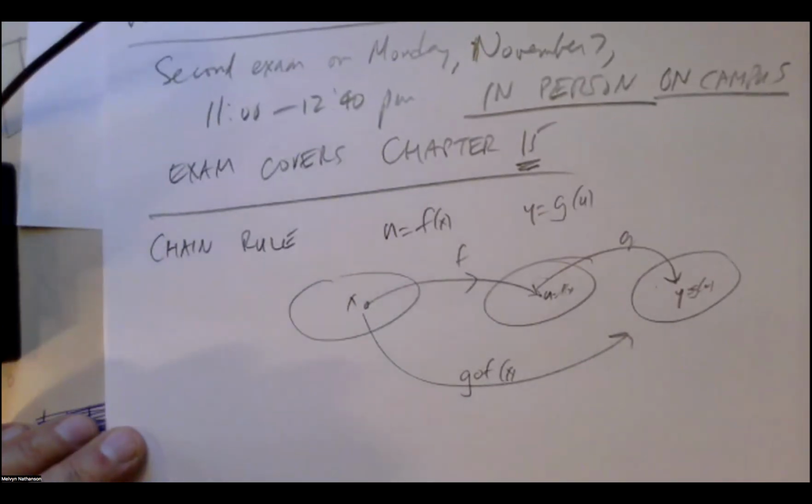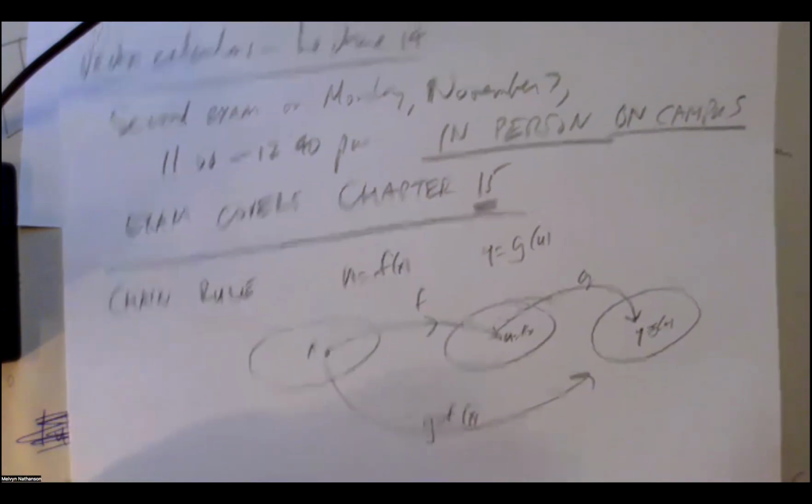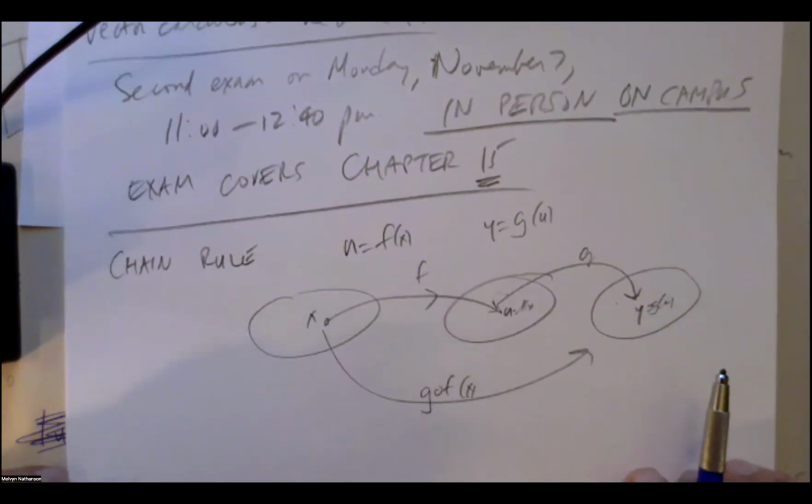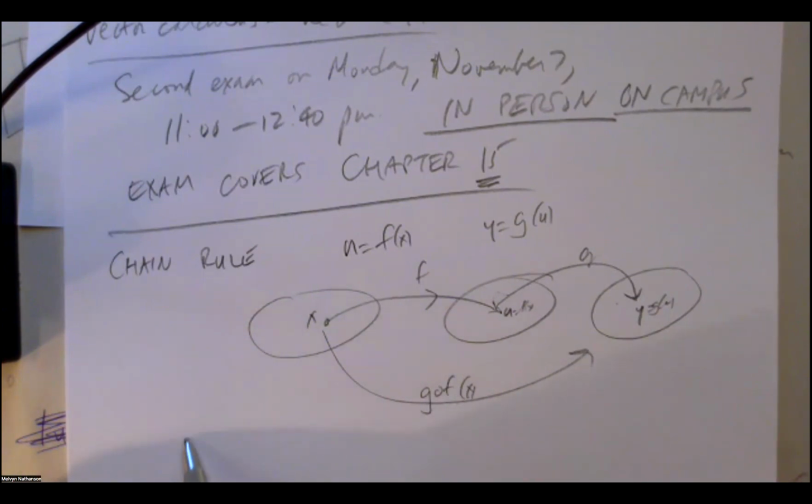Let's see if I can make this a little bit bigger and maybe easier to read. So we have this composite function, and the chain rule, for a function of one variable, is the derivative of g composed with f with respect to x is the derivative of g with respect to u times the derivative of f with respect to x.